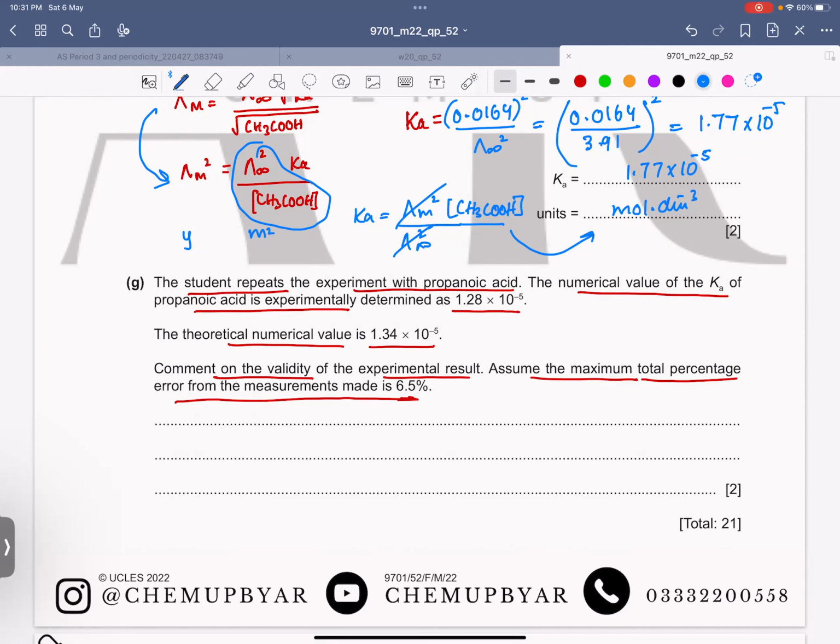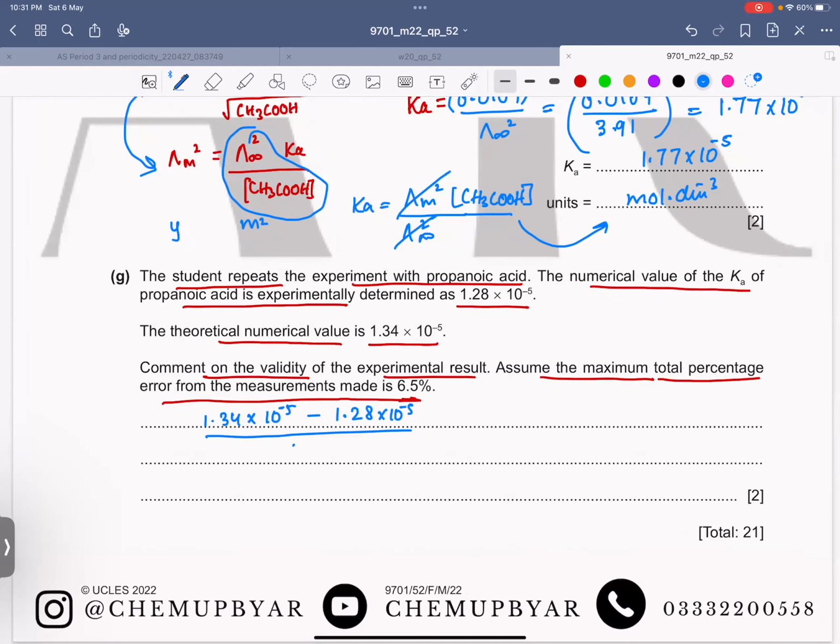Take the change between these two values, the theoretical value and the practical value, divided by the theoretical value, because it is the actual one, and the experimental one is lower because of the error, and then times it 100.